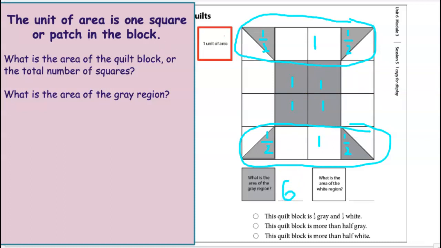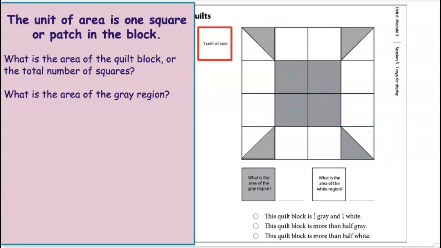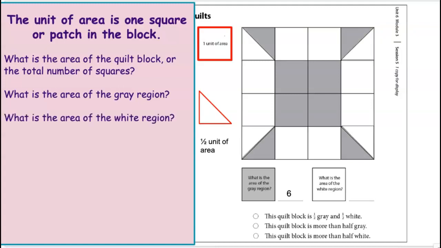Now, when I'm looking at the white region, I have to do the same thing with the white triangles. So if I look at my next page here, and I'm looking at the white area of the white region, I just put a little helper here to remind me that 1/2 unit of area is a triangle.